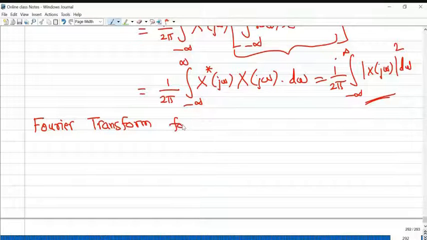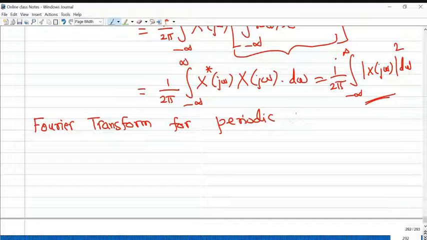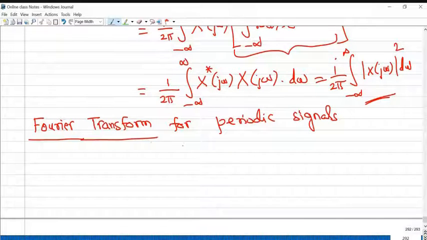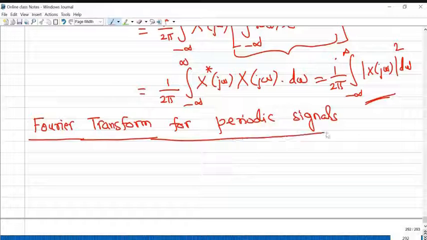Fourier transform for periodic signal. Particularly, the signal sketch will be available in the question paper, some square waveform, triangular waveform, like that.